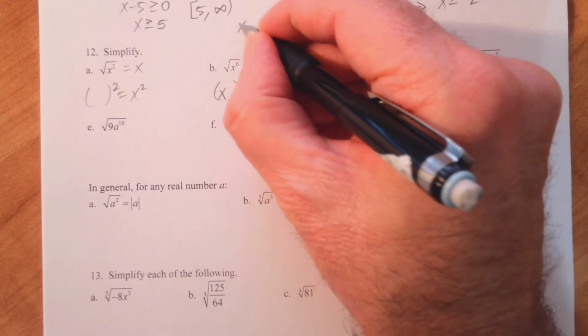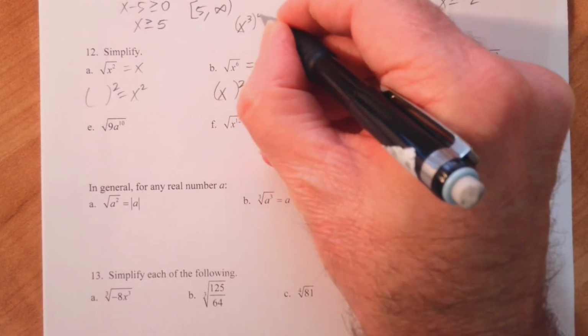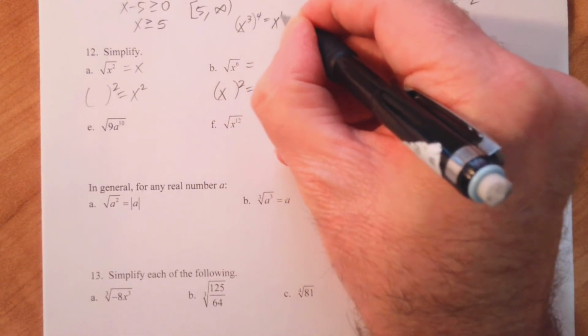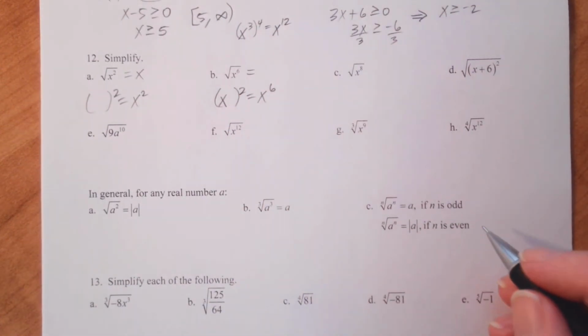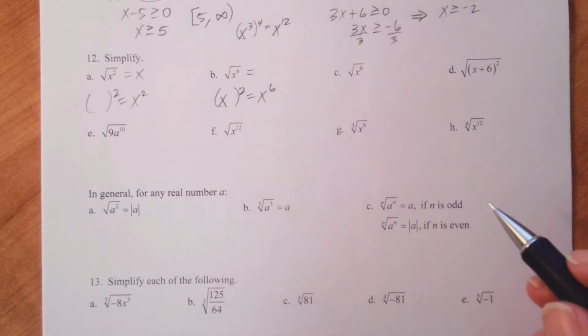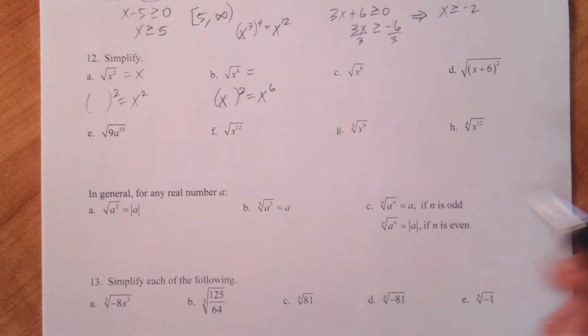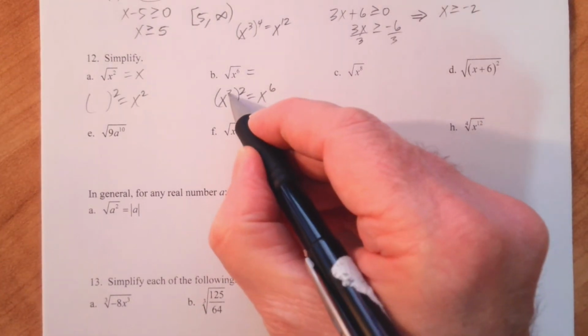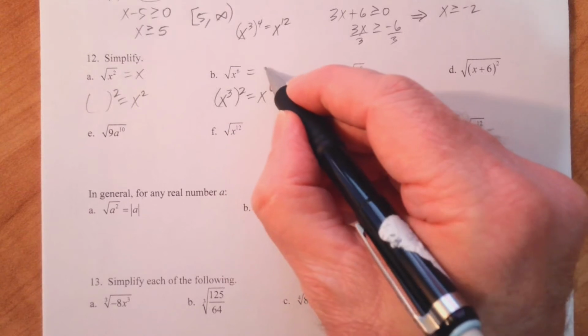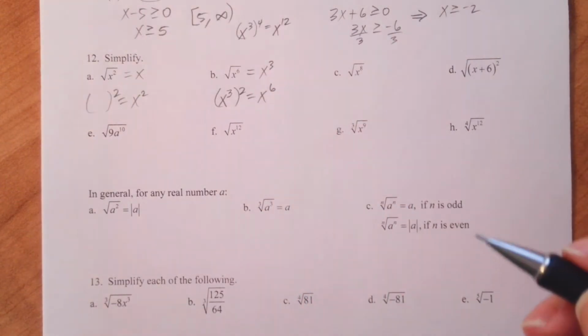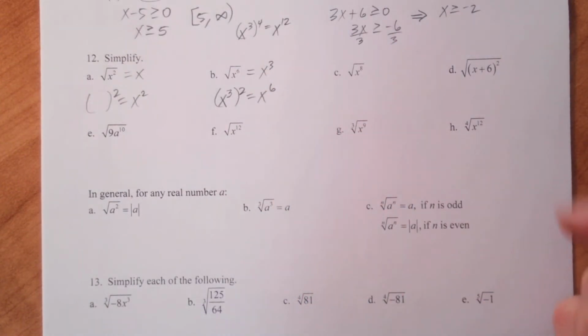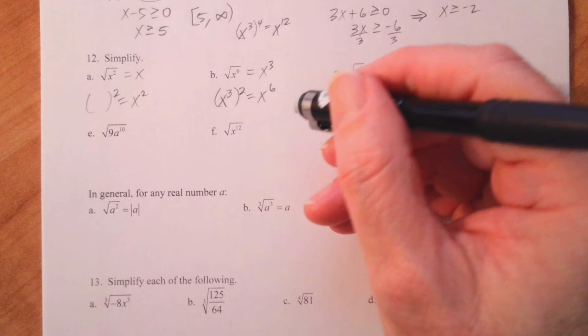If you have x to the third raised to the fourth power, that would be x to the 12th power. That's what we call the power rule. So in this case, this would have to be x cubed. So x cubed is the number that you square to get x to the sixth.